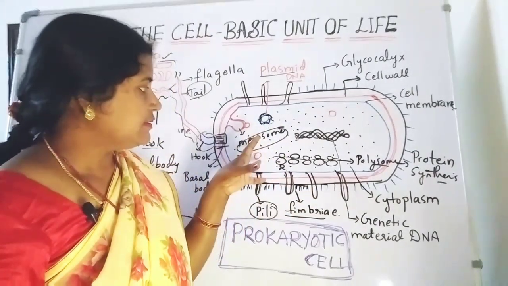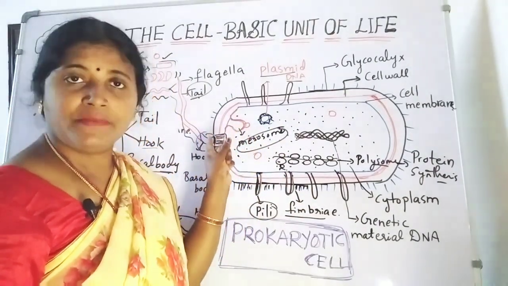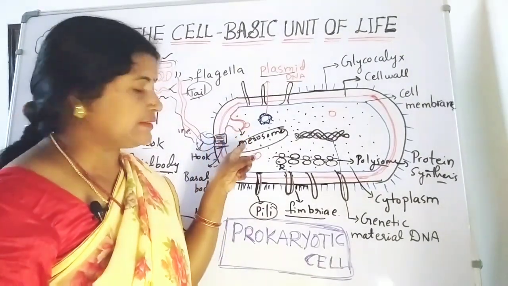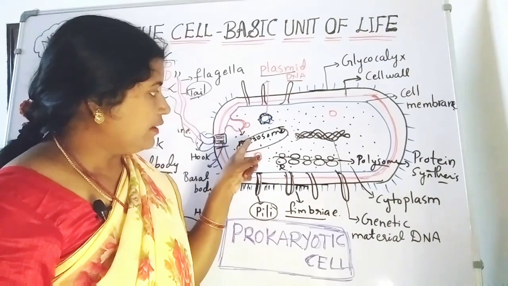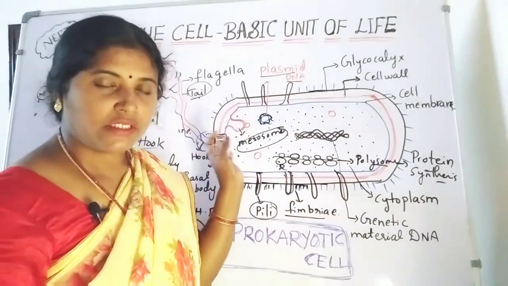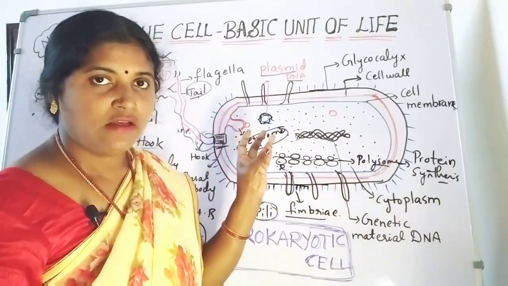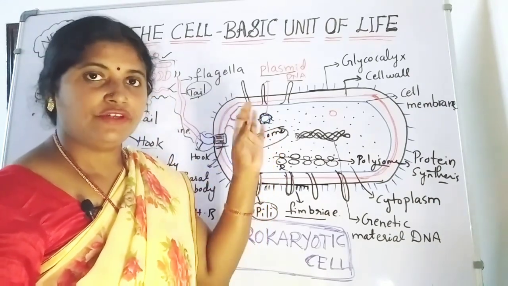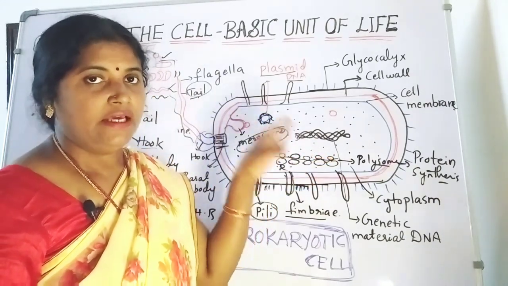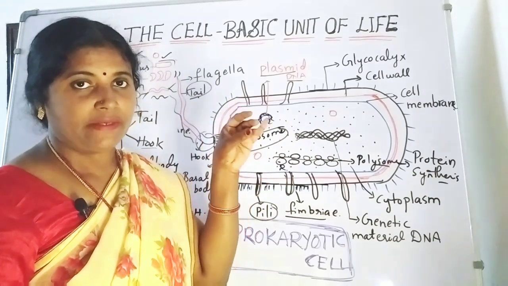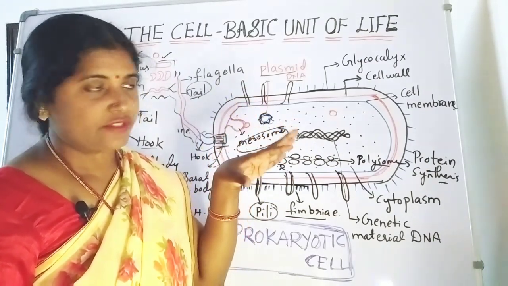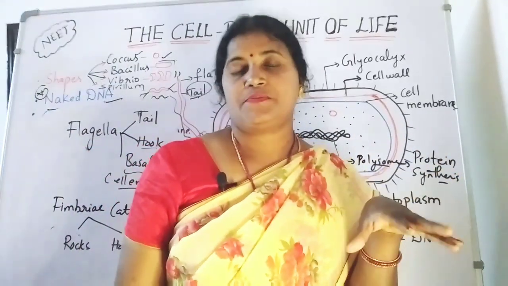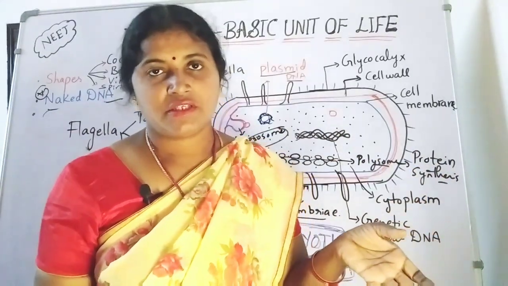Next, it contains cell membrane enfoldings, which form mesosomal structures, and also vesicles, tubules and lamellae. These are all enfoldings of the cell membrane only.